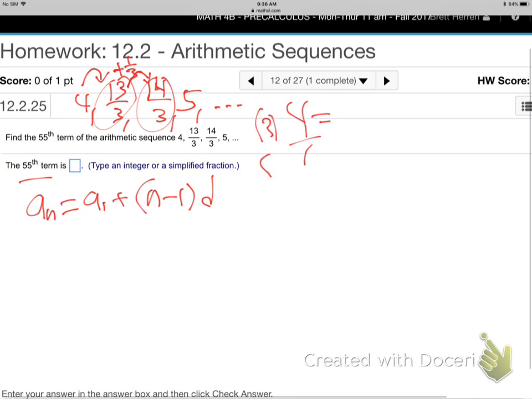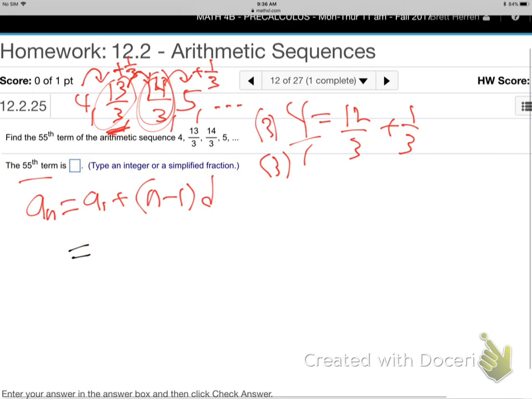Multiply top and bottom by 3. It's 12/3. That's another way to write 4. And if you add 1/3 to that, you get 13/3. See? It's true. And if you take 14/3 and add a third, you get 15/3, which is 5. It just looks weird, but it is going up by a third every time. So the D is 1/3.